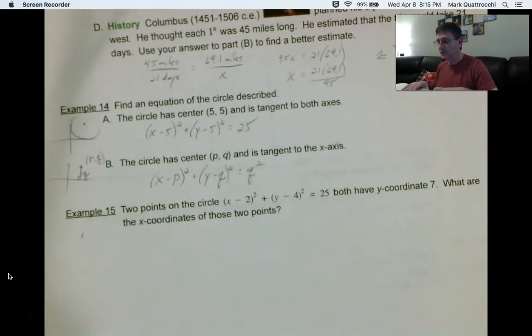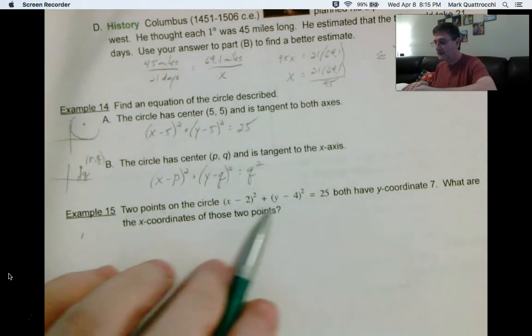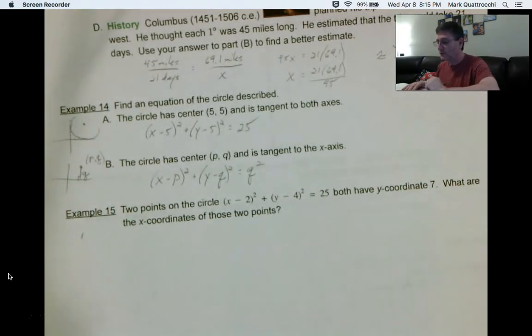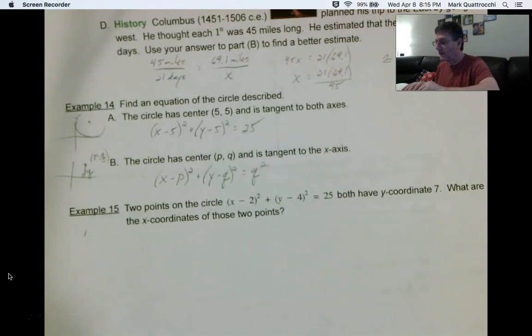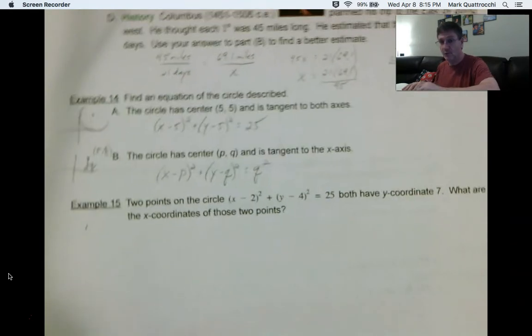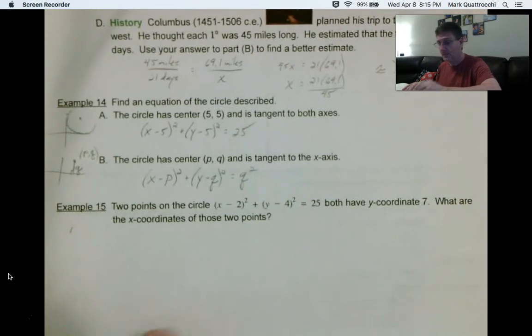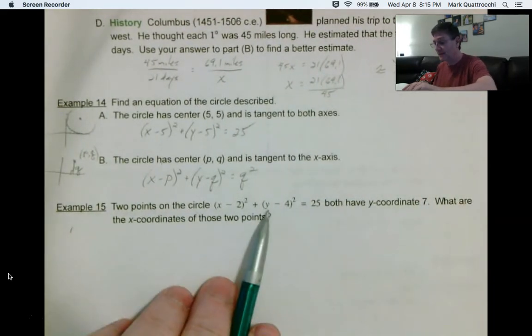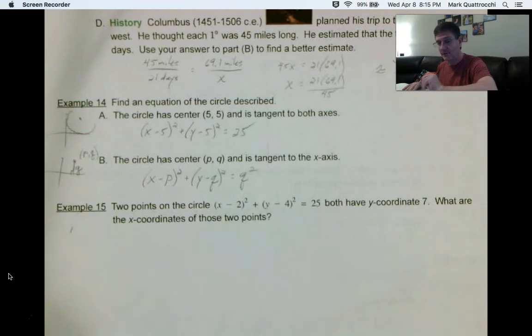All right, example 15. Two points on the circle (x minus 2) squared plus (y minus 4) squared equals 25 both have a y coordinate of 7. What are the x coordinates for the two points? Okay, so we're going to plug in 7 for y and figure out what x is.